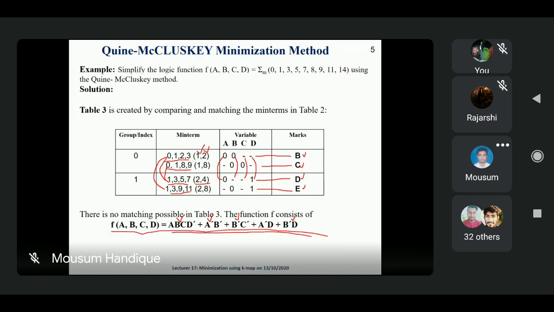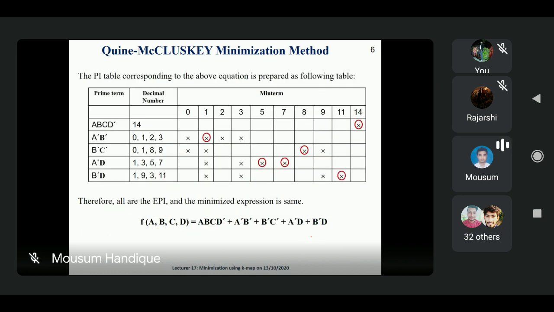Now someone is asking: from this particular expression, find the prime implicants. See here, if we are finding the prime implicants, this is called a PI table, that means prime implicant table. Are you getting my point?